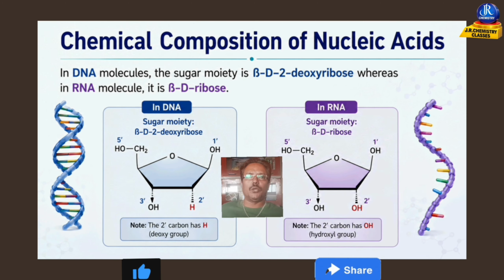In DNA molecules, the sugar moiety is beta-D-2-deoxyribose, whereas in RNA molecule it is beta-D-ribose.